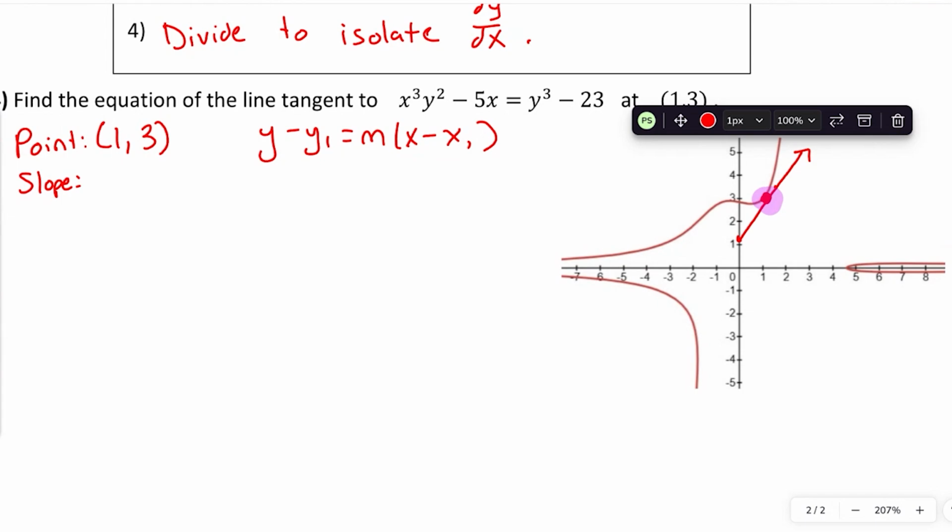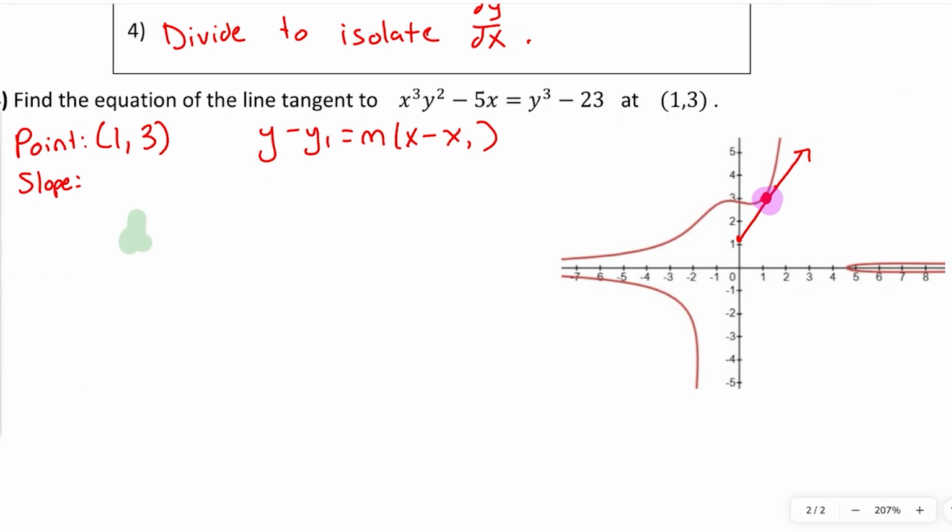The slope is the hard part, because in order to find the slope, we need to plug (1, 3) into the slope equation, into our dy/dx. This is where the implicit differentiation comes in, because we're going to have to implicitly differentiate this equation, solve for dy/dx, then we'll have an equation that we can plug (1, 3) into. All right, so let's find that slope equation.